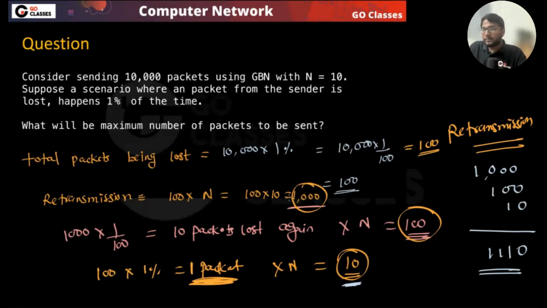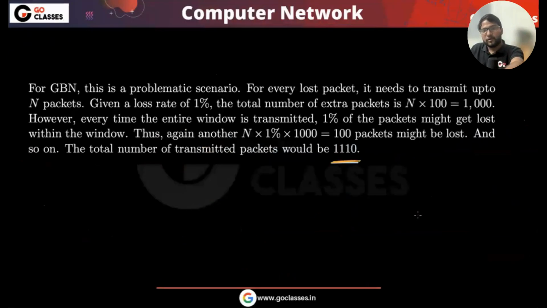If 1,000 packets are being lost, then we need to transmit them again. That means 1% of this will again get lost, which means 10, and not just 10, because of go back n, 100 packets. That's how you need to solve this question. I think this is a very good question. This is the total number of transmitted packets; I mean, the retransmission is this much.